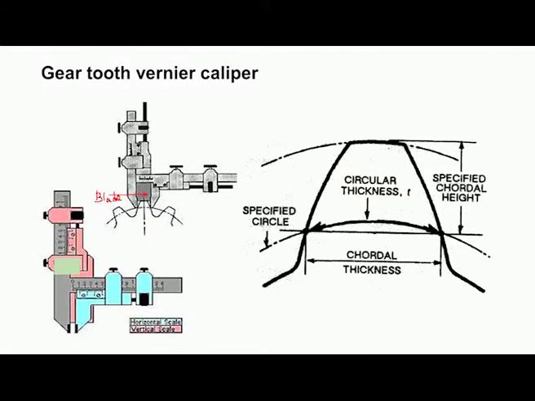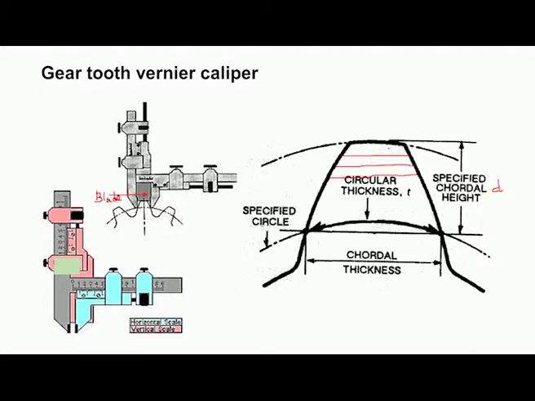Now, we should know at what depth we want to measure the thickness. The tooth thickness varies at different depths, so we should know at what depth we want to measure. That depth we should fix here by moving the blade.